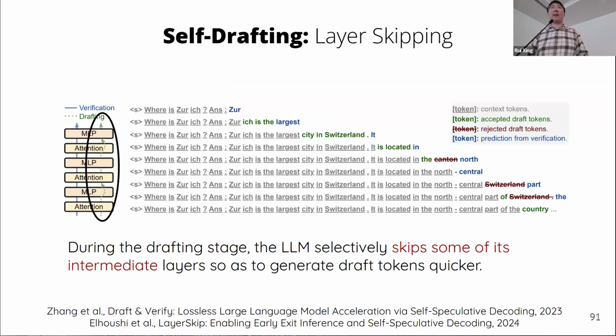Okay, the second category of self-drafting is layer skipping. We can focus on this part. During the drafting stage, the language model selectively skips some of the intermediate layers to directly generate the draft tokens. And this is the verification phase. It was first introduced in the Draft & Verify paper.